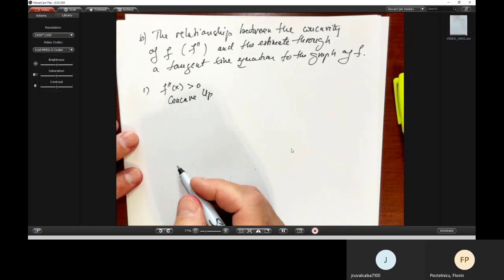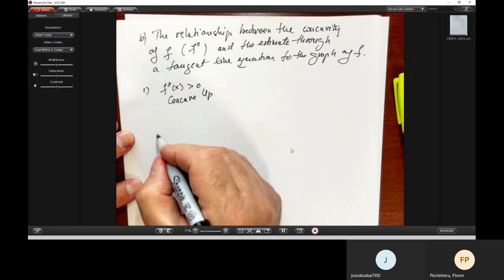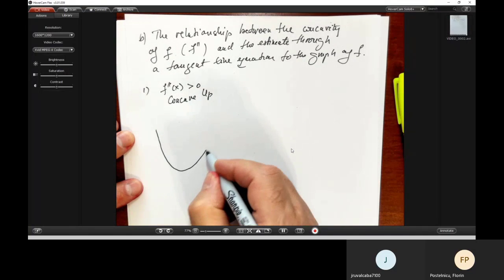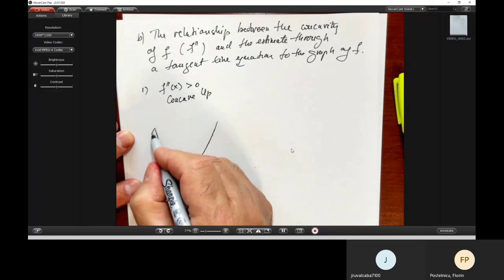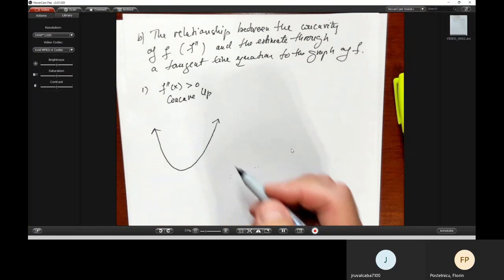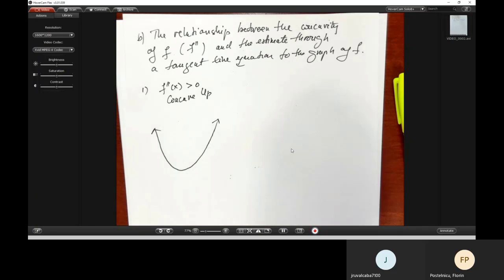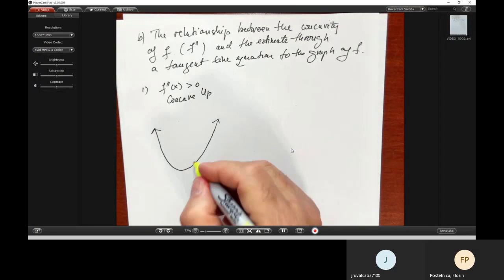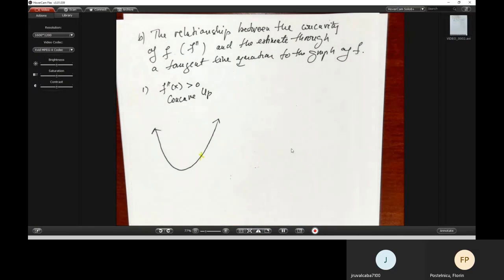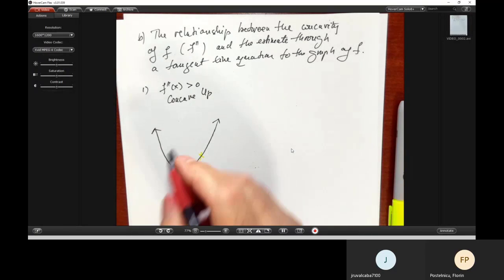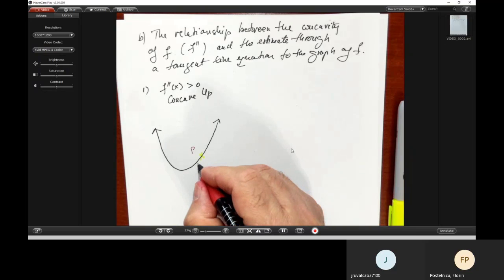On this equation, let's assume that I will choose a point P on the graph that corresponds to a certain value x on the x-axis. And I'm going to draw the tangent line at the graph through that point.